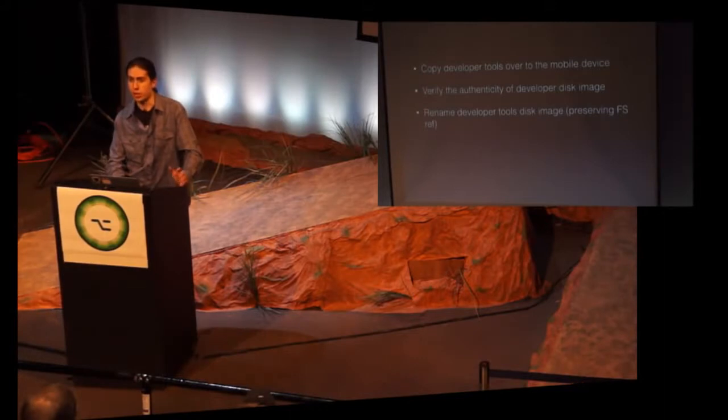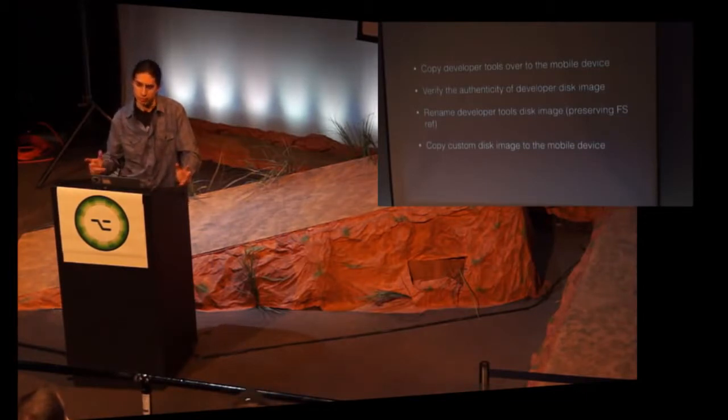While that's happening, we're going to start copying over our own custom image. So this entire time, the verify is still looking at the original file, thinking it's in the place that we originally told it was. Now we've got a new file in that place.